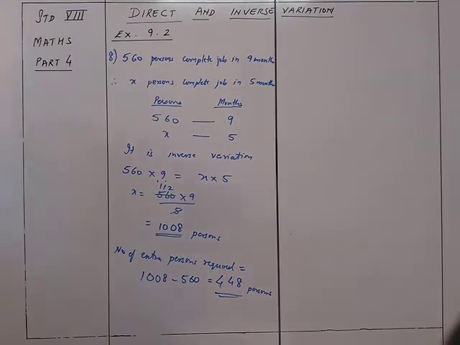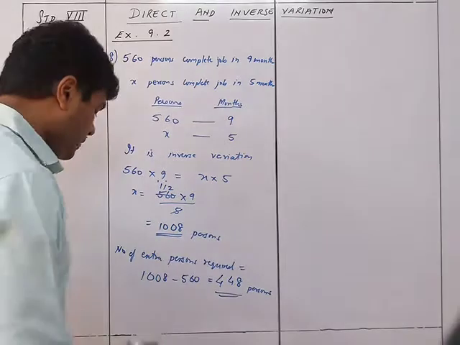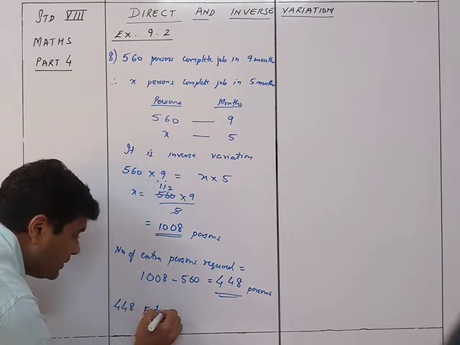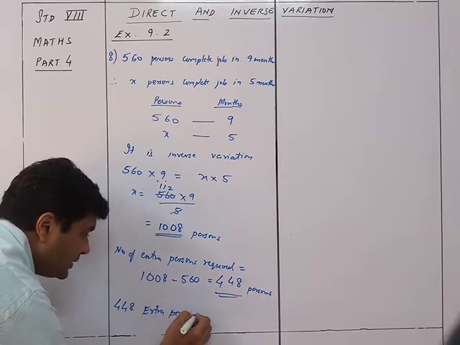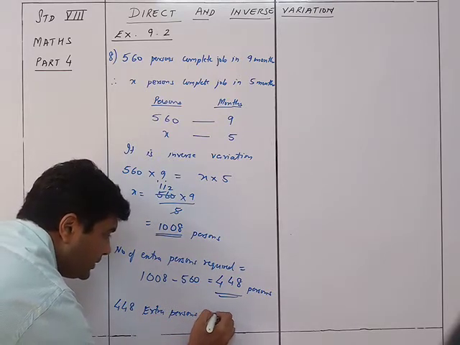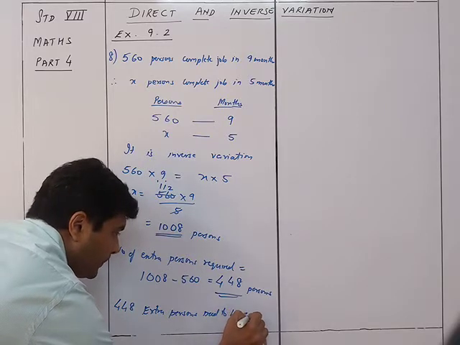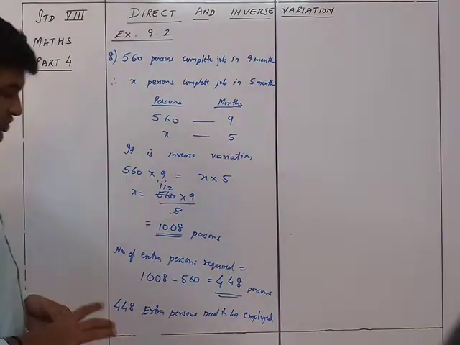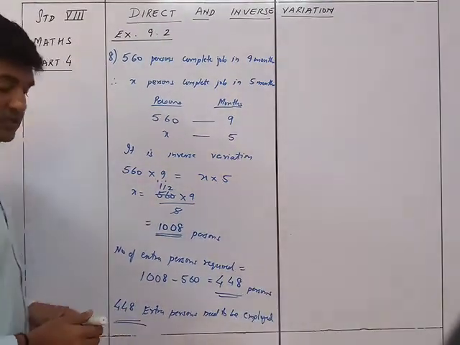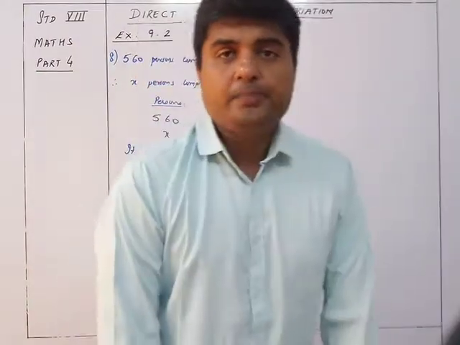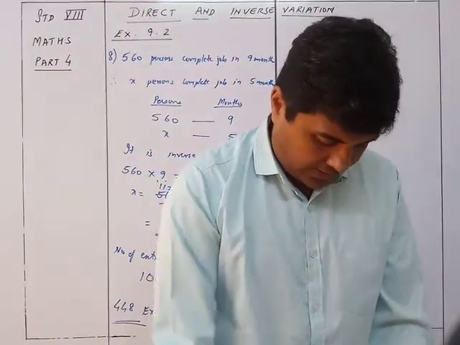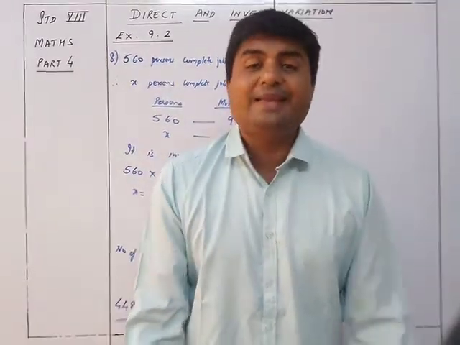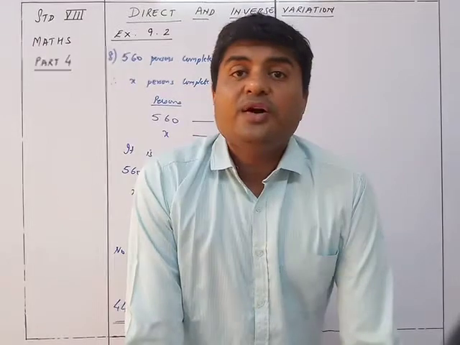So the number of extra persons who will be employed: 448 extra persons need to be employed. To complete the job, 448 persons will be required to be additionally employed so that the job which was supposed to be done in 9 months gets over in 5 months.